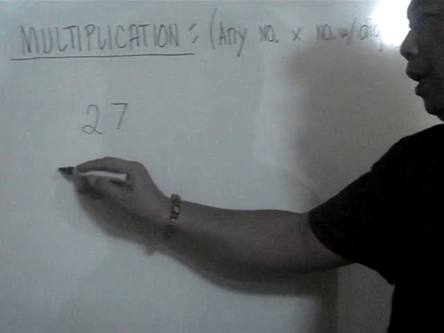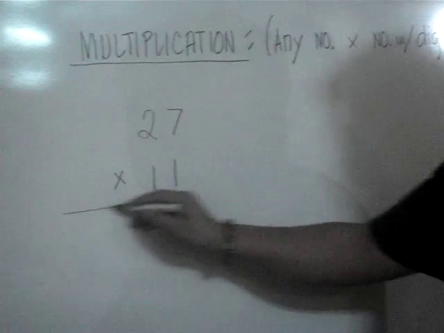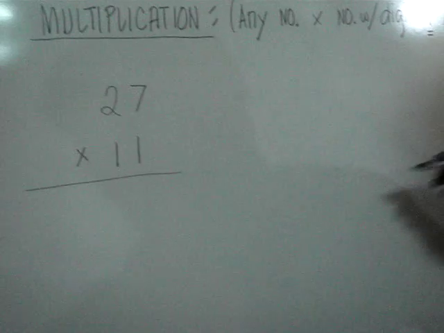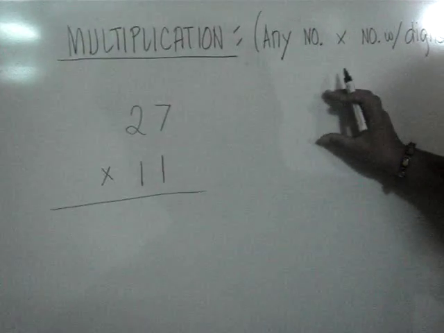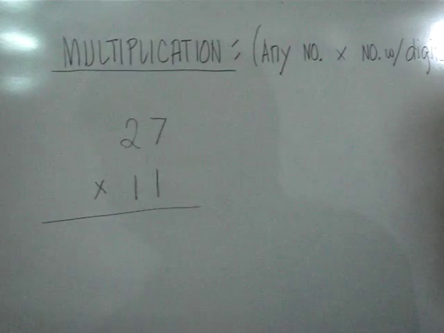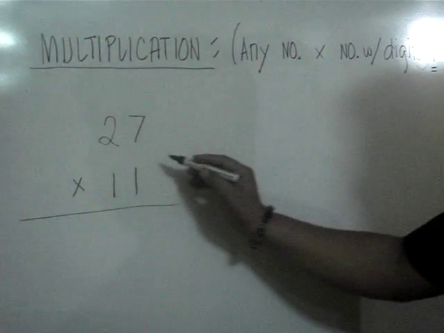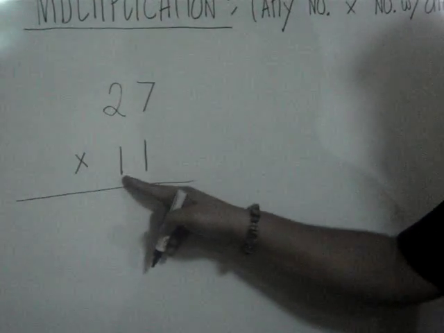times 11, or you might say 27 times 11 in horizontal form, or we can do the multiplication in vertical form. Now remember, our multiplier is a number that contains the digit 1.